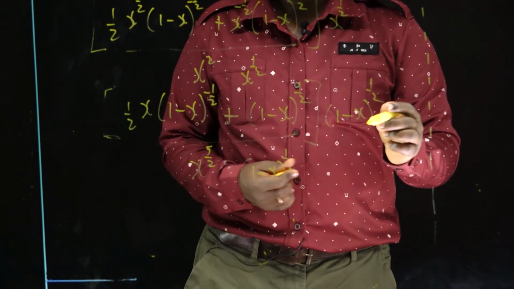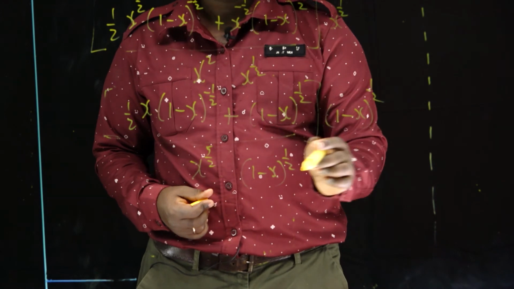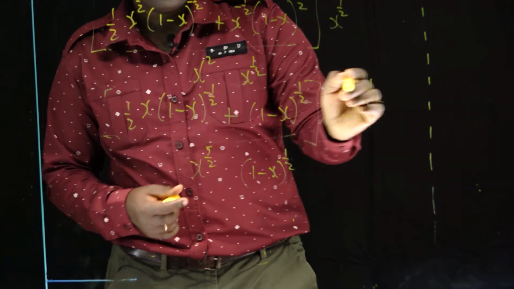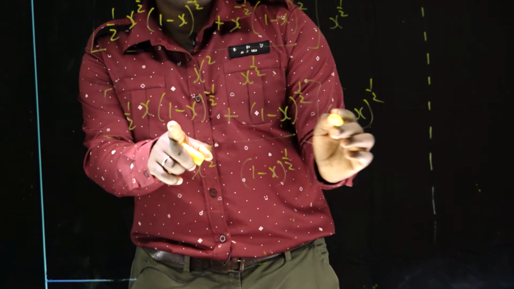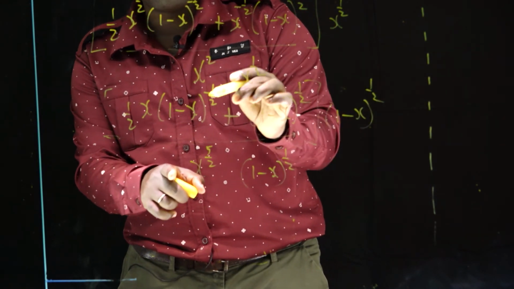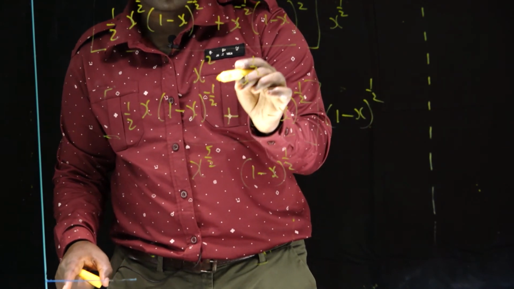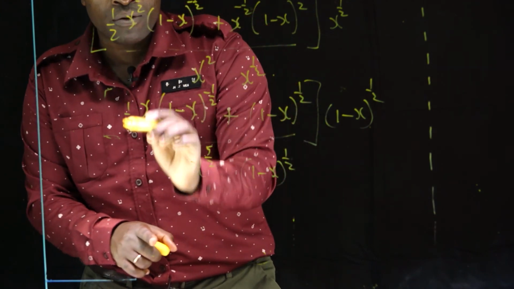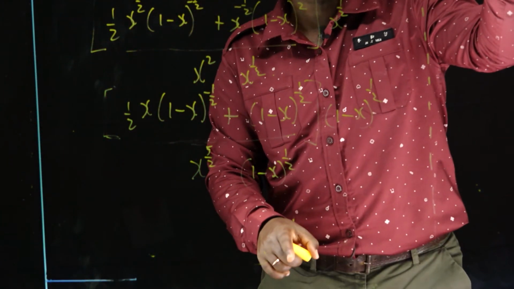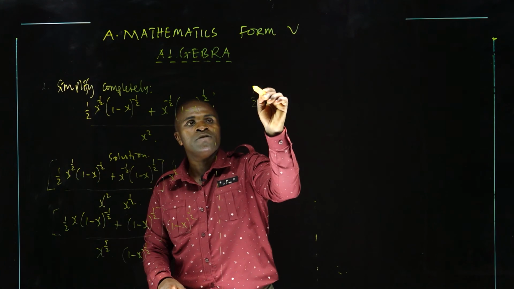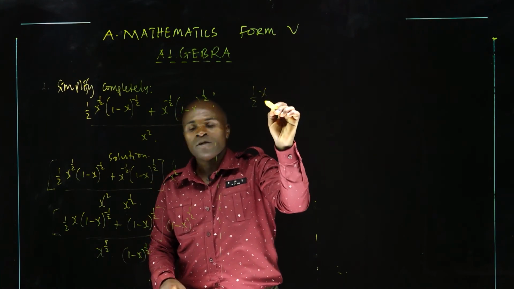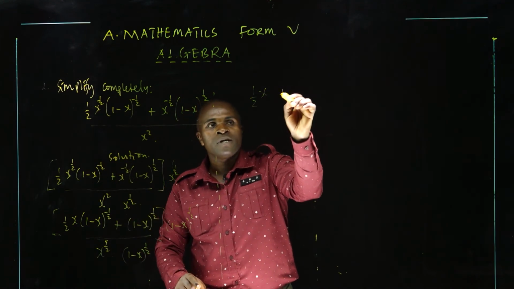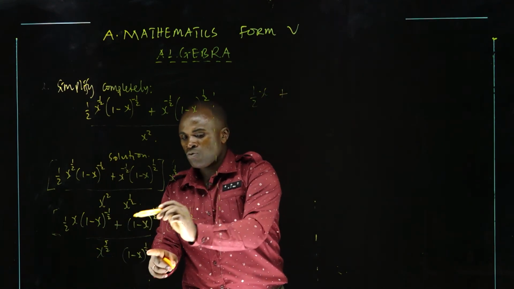So, using the same rule as above, when you take 1 minus x power half times 1 minus x power negative half, we are going to maintain the base, but we will add the exponents. A half plus negative half is 0, and anything power 0 is 1. So the entire expression will remain as 1 over 2 x, because this expression becomes power 0, which is 1, plus this much times this one.